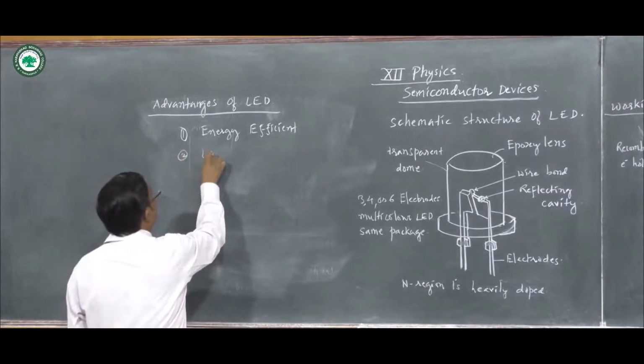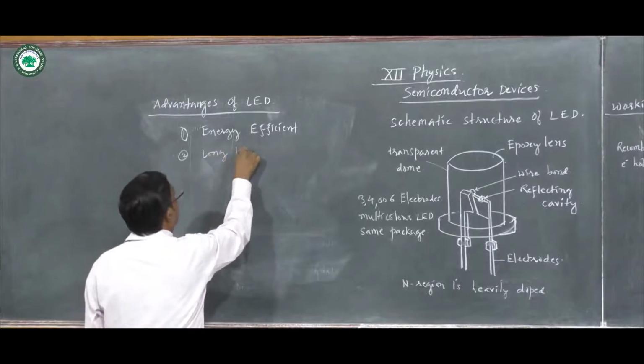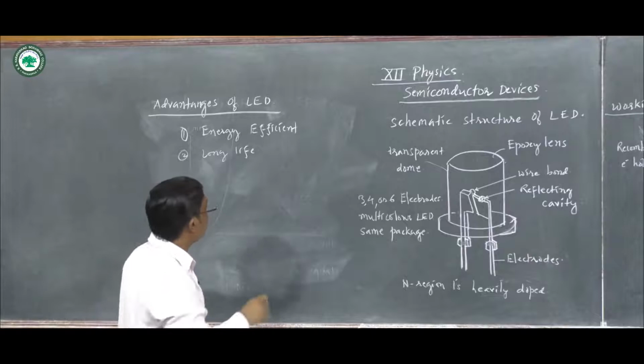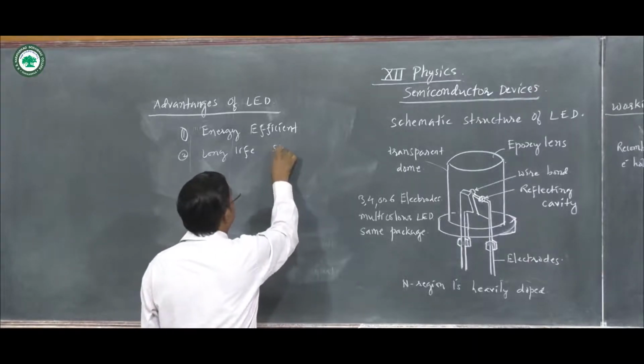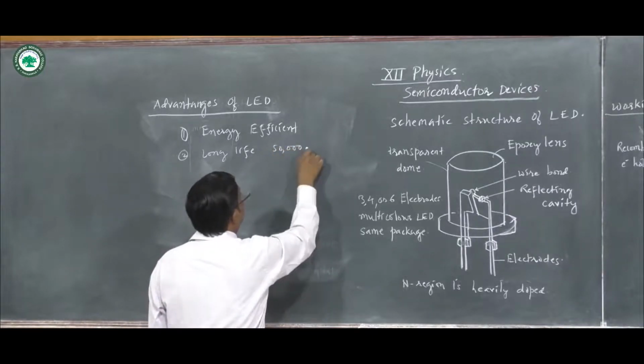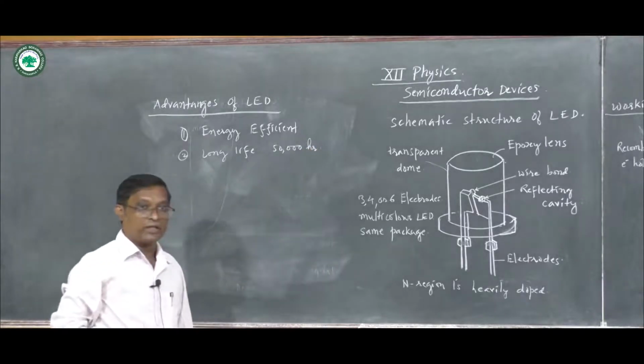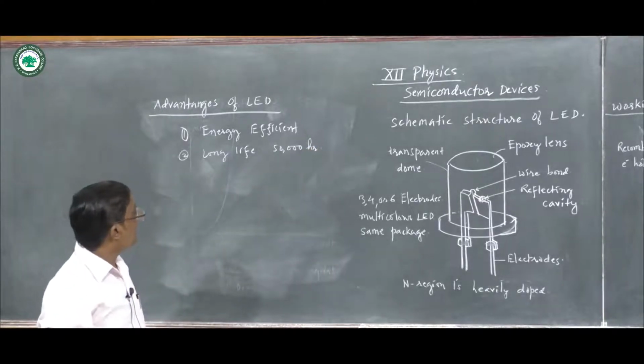LED has a long life. It can be operated over 50,000 hours. This LED can work for 50,000 hours.